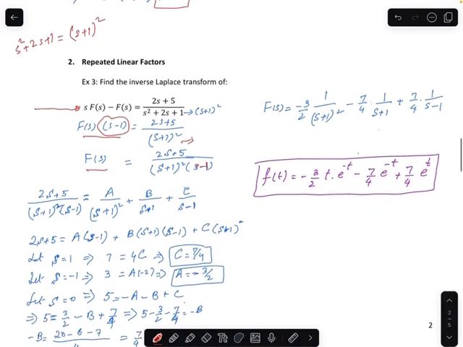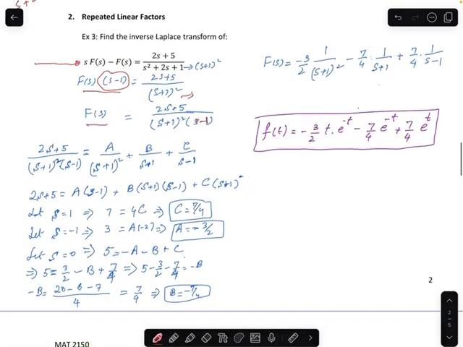The next step is to write out the partial fraction. So you take the expression for F of s, and we will write it like this.